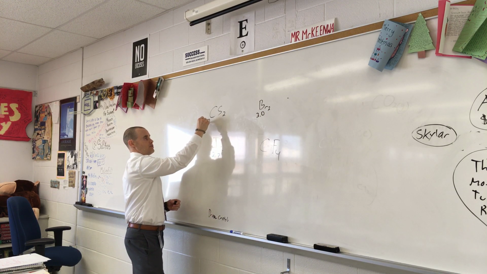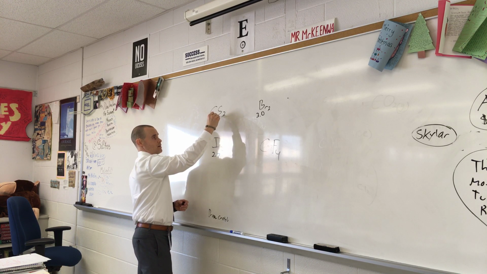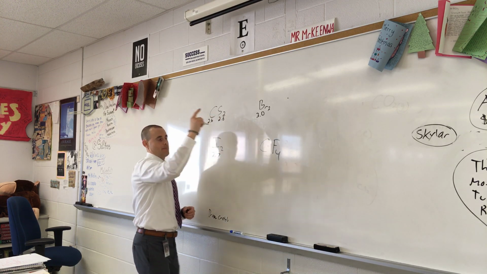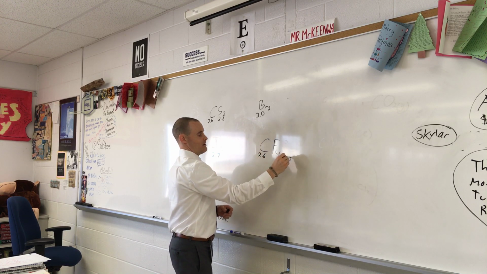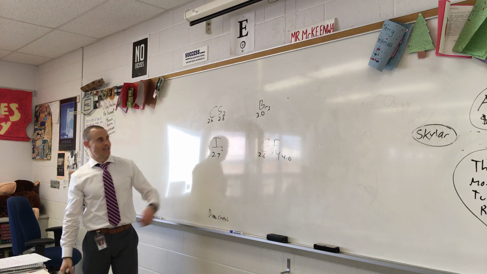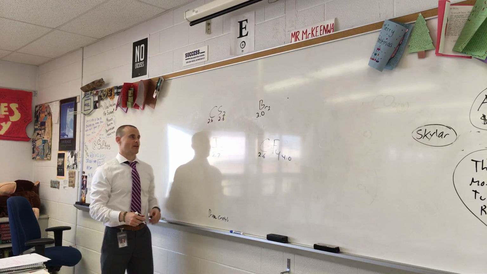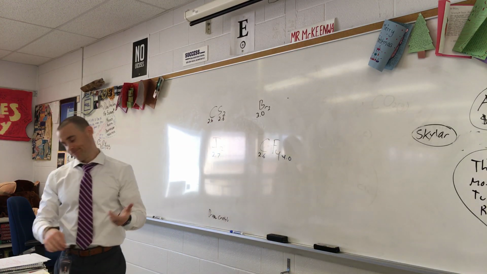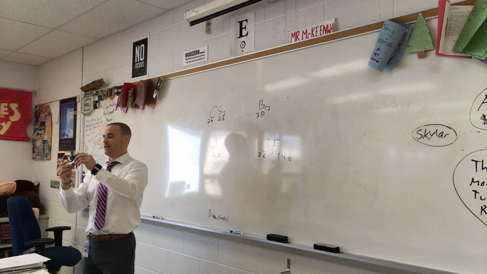Carbon is 2.6, sulfur 2.6. That's stupid. All right. 2.6 and 4.0. I should have just done CO2, because oxygen's 3.4. That backfired on me. I didn't think about that.